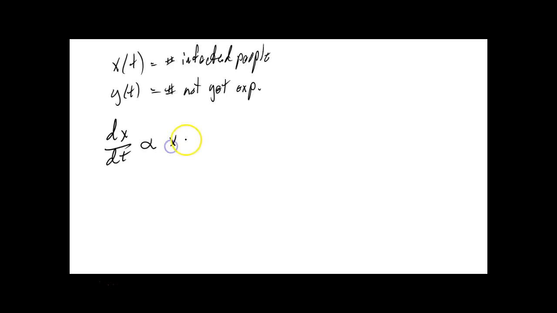So that would be x times y. That's one way to express it. Then with your constant of proportionality, dx/dt is equal to k times x times y. k is your usual constant of proportionality.